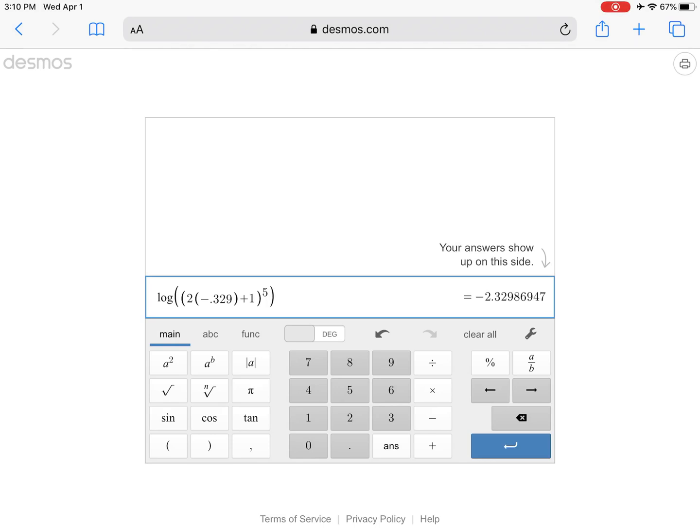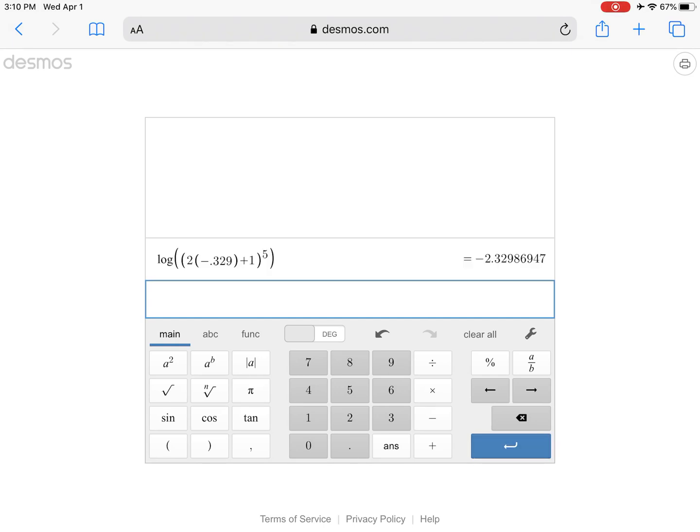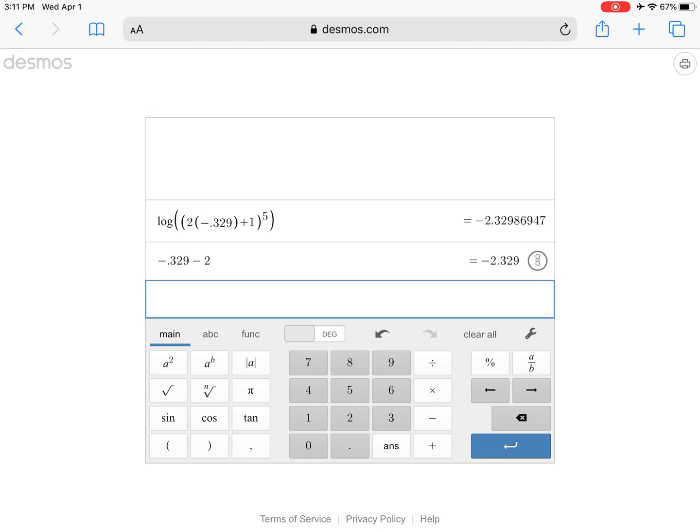That's why I want it all to be in the general parentheses. So our answer here is negative 2.32986947. We want to make sure that's equal to negative 0.329 minus 2, which it is, just about.